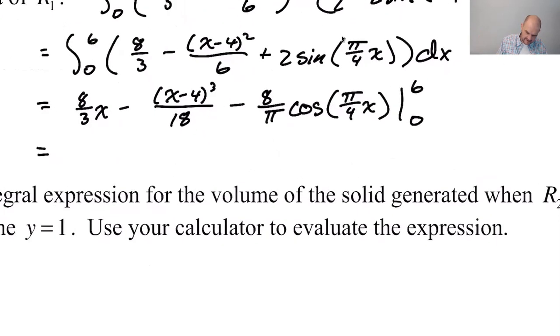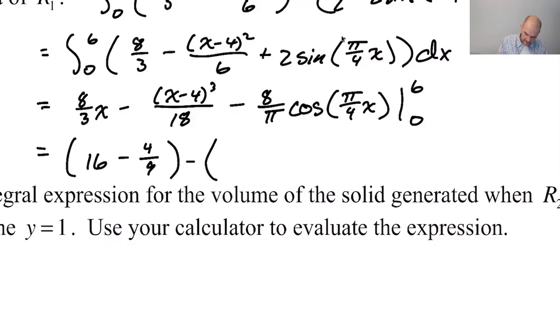All right, if I plug in 6, I get 6 over 3 is 2, so 16 minus, 6 minus 4 is 2, cubed is 8. 8 over 18 is 4 over 9. Cosine of 3 pi over 2 is 0, so that just disappears.